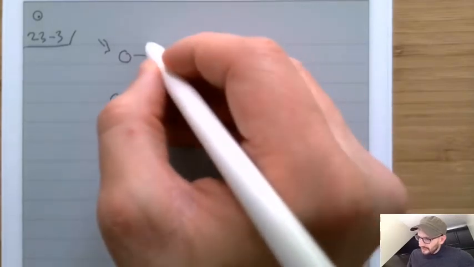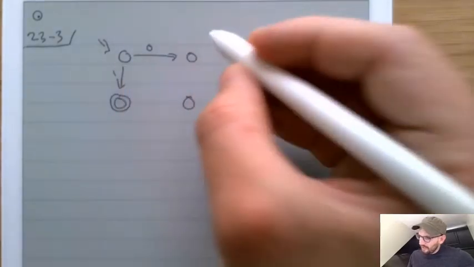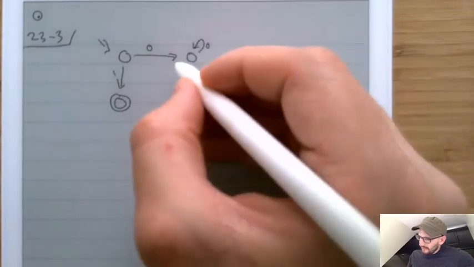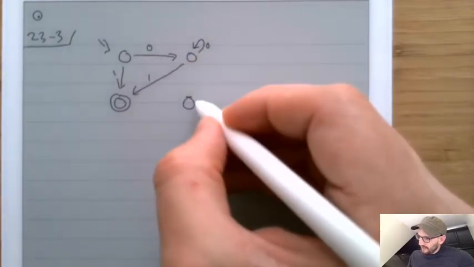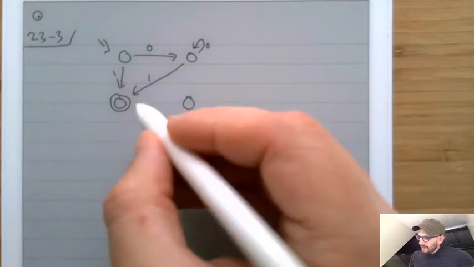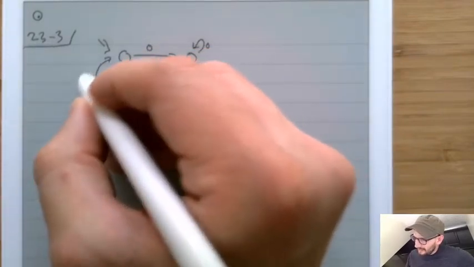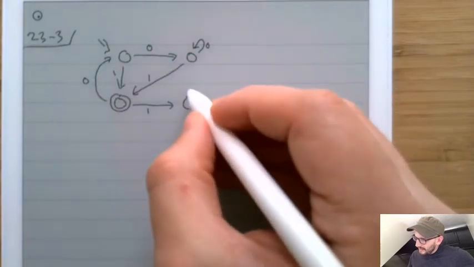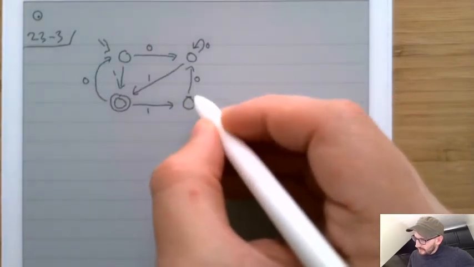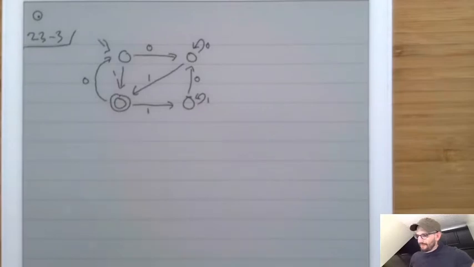And we'll say that on a 0 you go there, on a 1 you go there. You're going to loop on a 0 here, on a 1 you're going to go there. Ooh, no, that's not good. Oh yeah, here we'll go there on a 1, and we'll go back here on a 0. And in this case, we'll go there on a 0, and we'll loop on a 1. I have no idea what this language means.